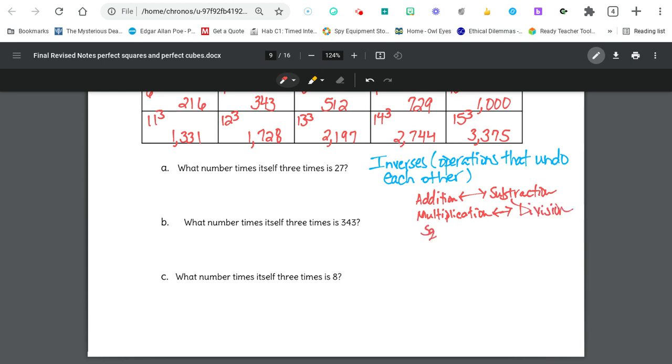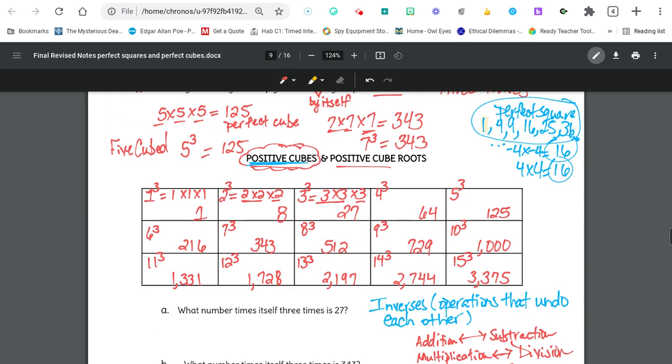We said squaring and square rooting. And there's one more you're going to learn today. And that will be cubing, from the word cube.